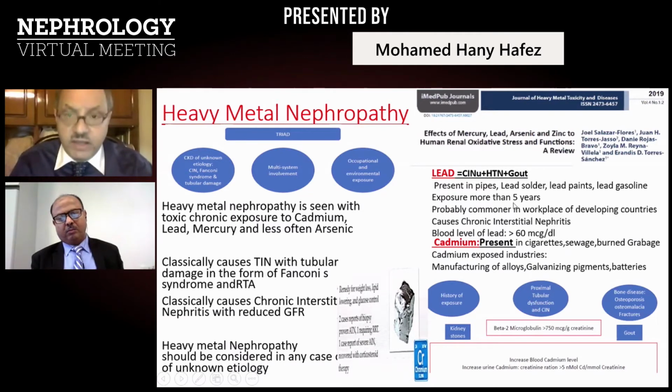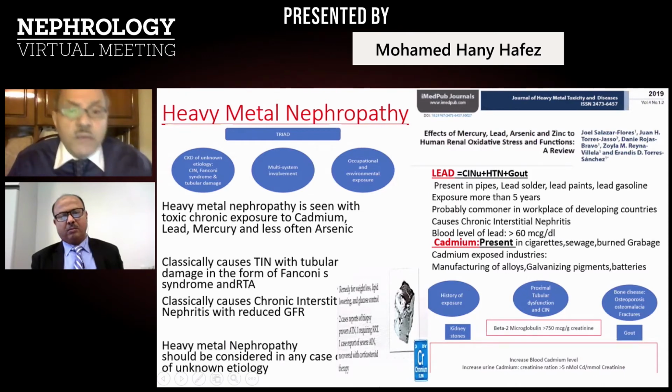Also, lead was very common in the past and still common in our developing world. Its triad is renal failure, hypertension, and gout. It is present in pipes, lead solder, lead paints, lead gasoline, with exposure of more than 5 years, and probably it is common in more places in developing countries. And you diagnose by a blood level of more than 60 micrograms per deciliter.